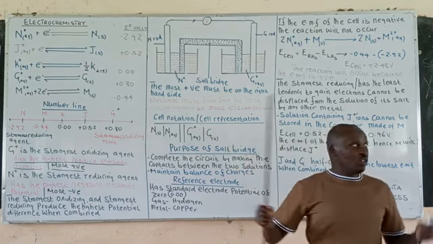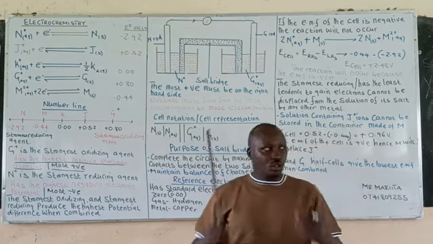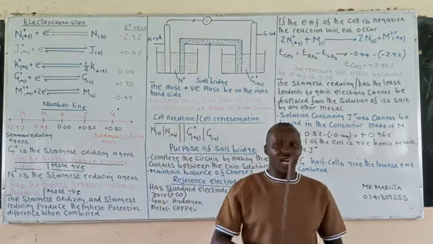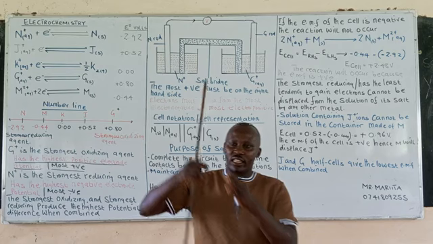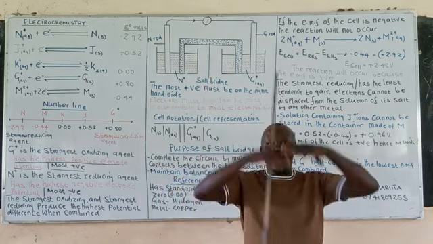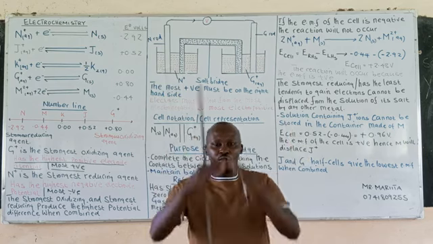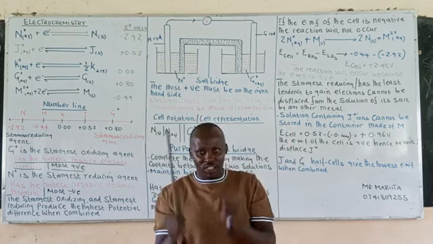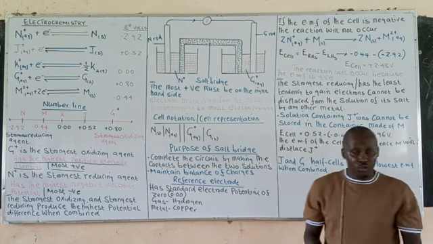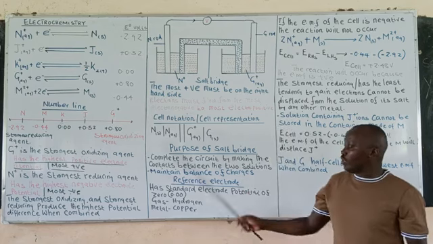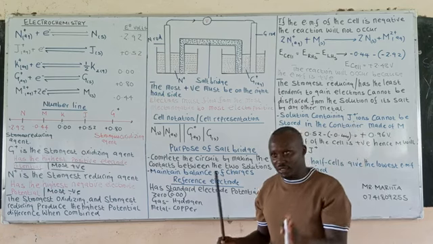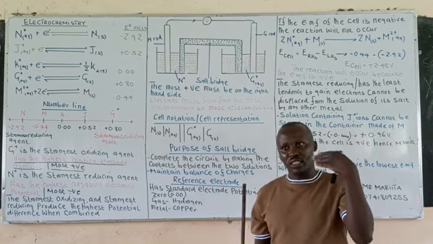Another situation is where you will be told to draw the electrochemical cell that you have identified. In that case, you have identified the strongest reducing and the strongest oxidizing, and therefore you are required to draw the electrochemical cell of the two half cells that you have identified. What will you do in that case? You need to understand that we have the one which is the most positive and the one which is the most negative.